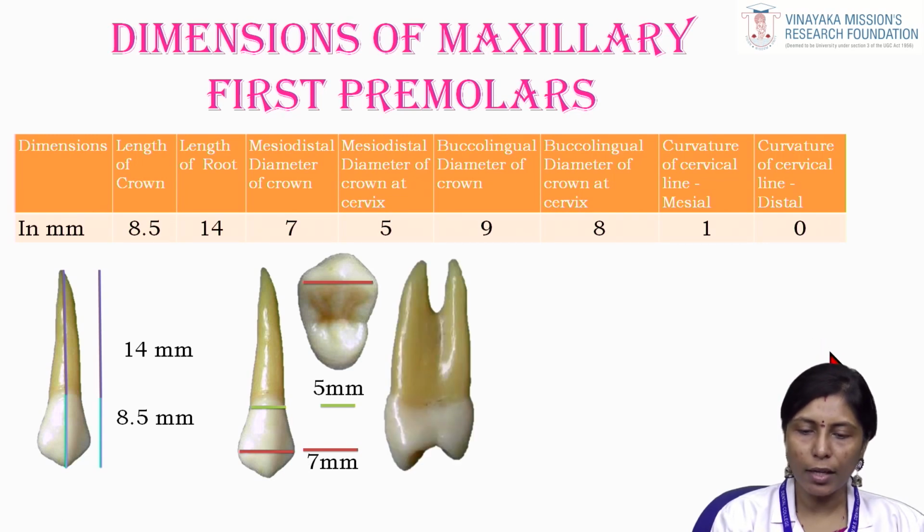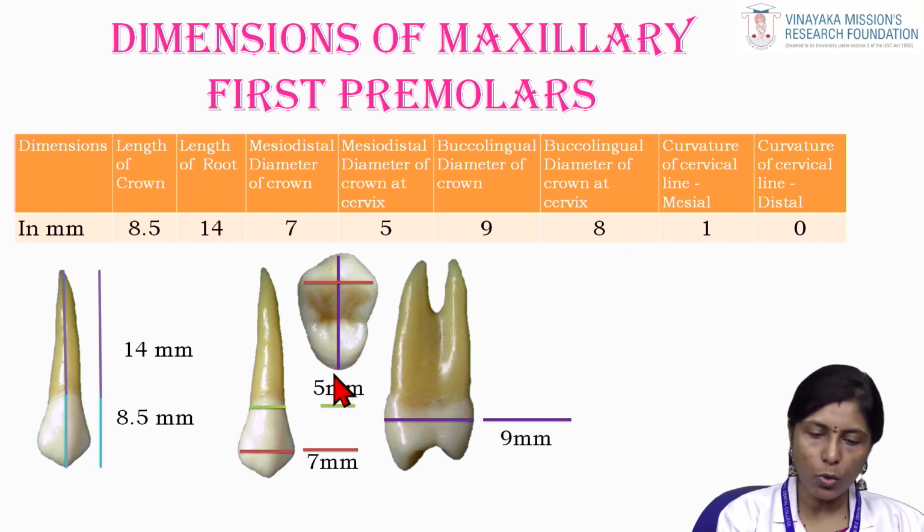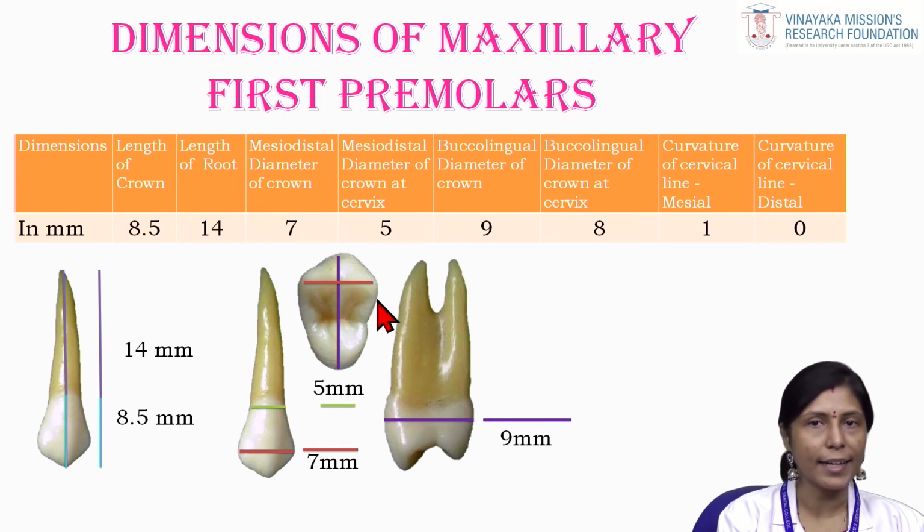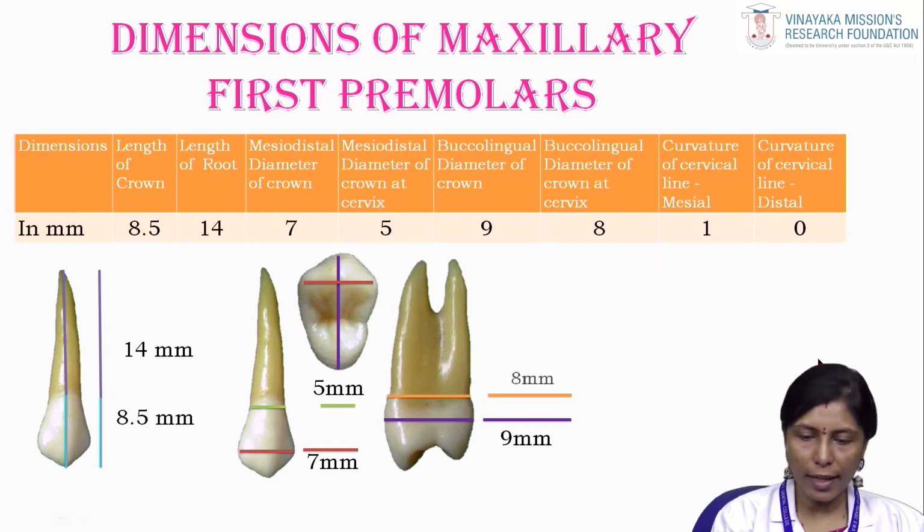Next, the buccolingual, this is the proximal surface of the tooth, mesial surface of the tooth. So the buccolingual diameter of the crown is 9 mm. So in the occlusal aspect, you can appreciate the buccolingual diameter of the tooth is more than that of the mesiodistal diameter of the crown. The buccolingual diameter of the crown is 9 mm at the contact region, and the buccolingual diameter of the crown at the cervix is 8 mm.